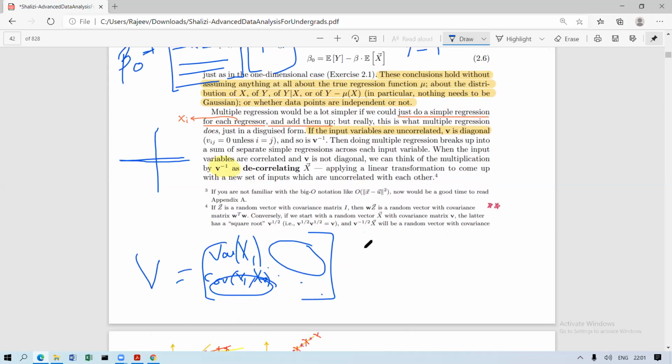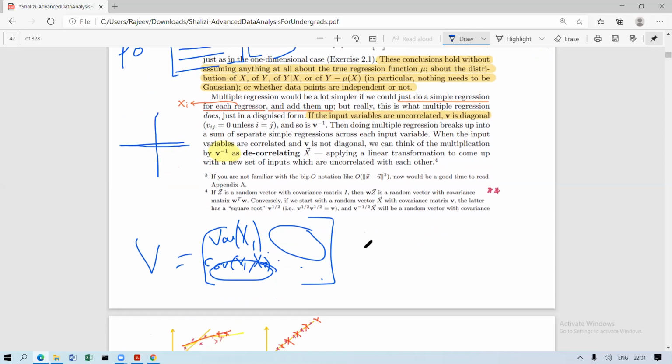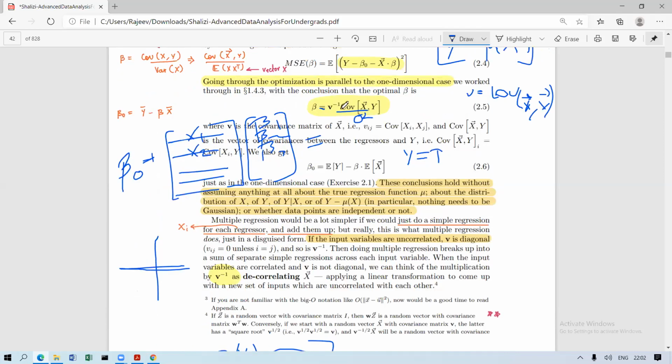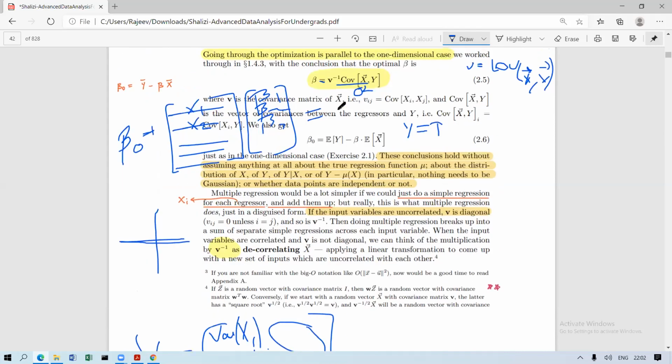So anywhere, if all the dimensions of a vector are uncorrelated, you get a diagonal covariance matrix, where the diagonals are variances and all the covariances are 0. What V inverse is doing is the same: V inverse is kind of decorrelating our axes.